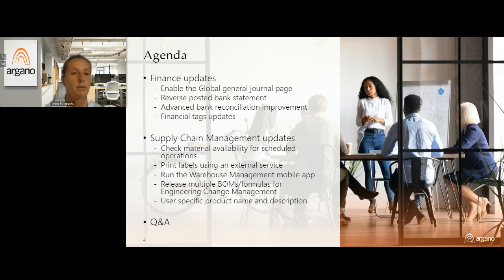We will speak about checking material availability for scheduled operations, printing labels using an external service, running the warehouse management mobile app, releasing multiple BOMs, formulas for engineering change management, and the user-specific product name and description. And of course, during the whole webinar, you can ask your questions, and we will be happy to answer them.